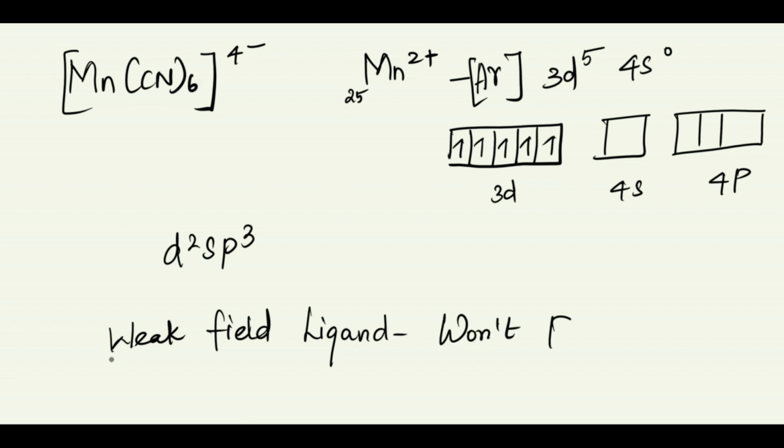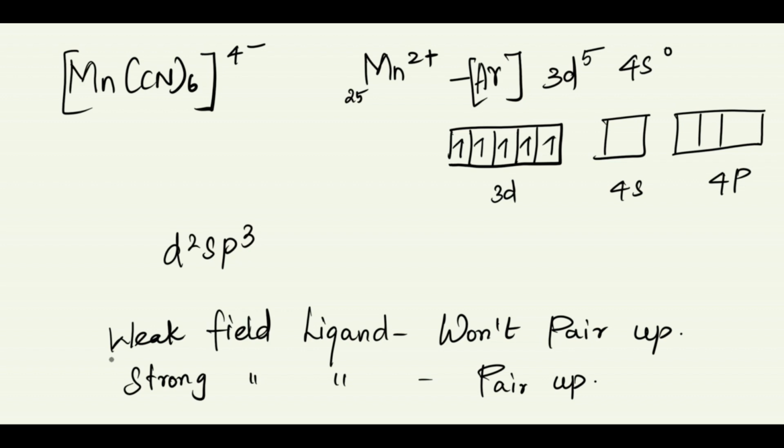They will remain as such. But in case of strong field ligand, it will pair up against Hund's rule. These two things you have to remember. Okay, it is so strong, so it creates its own rule. It goes against Hund's rule of maximum multiplicity. Okay, it just pairs up.